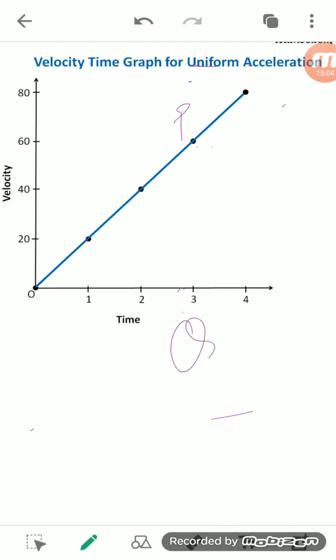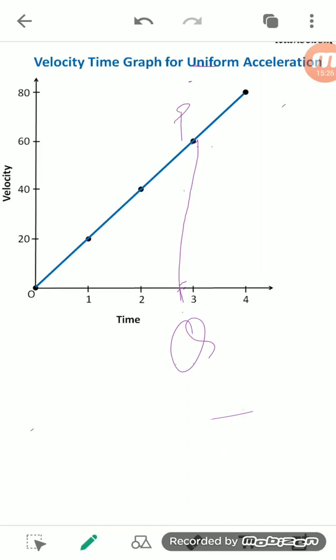So we are finding acceleration at time q. What we have to do is draw a perpendicular from here to here, and this perpendicular is known as qp.